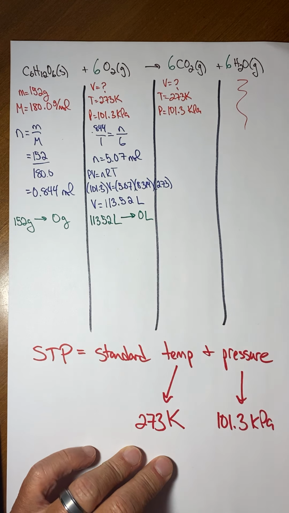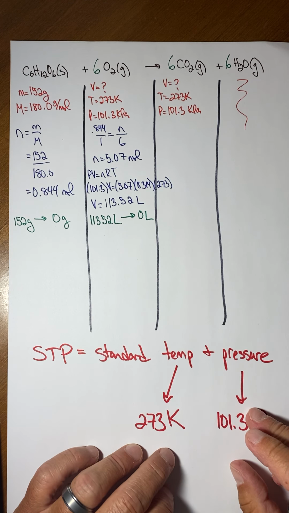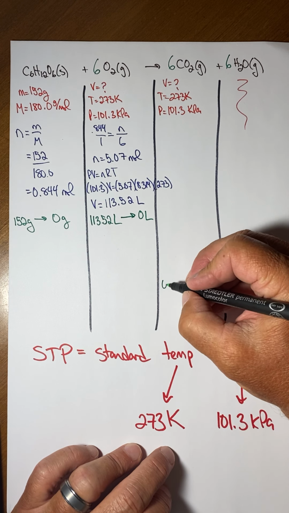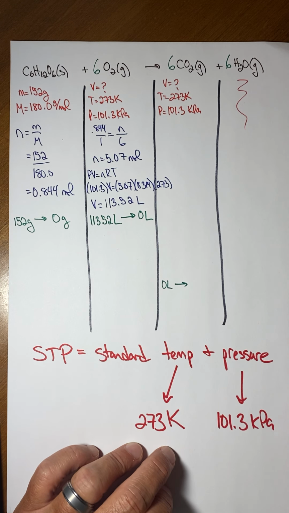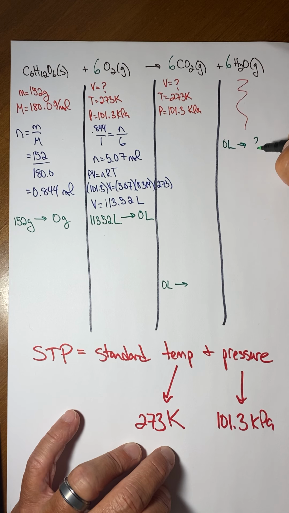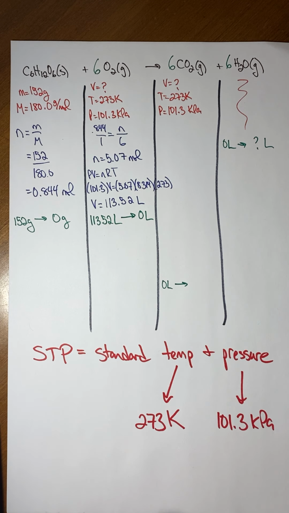And like I said, at the end of the reaction, I'm going to end up with nothing. Okay. I also know that carbon dioxide, I'm going to start with nothing and I'm going to proceed forward. We don't care about water, but I do know I'm not going to have any of it to start with, and I'm going to eventually make a certain amount, which I didn't have to calculate. All right.